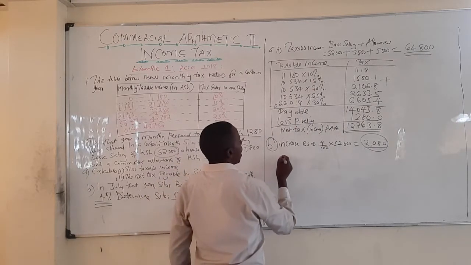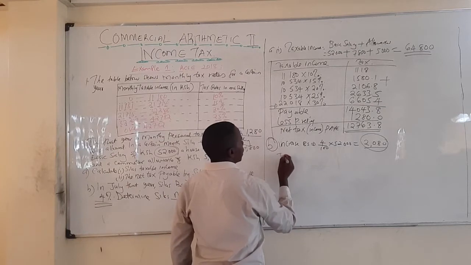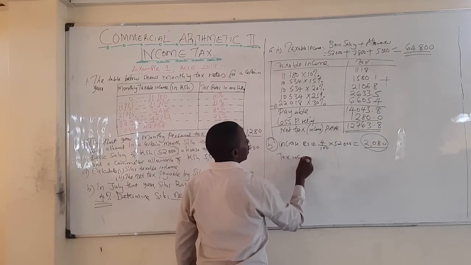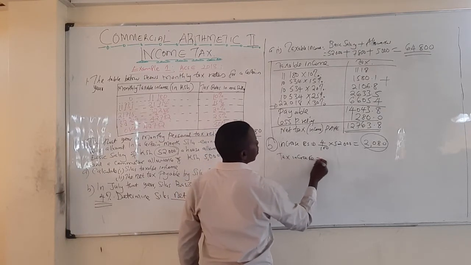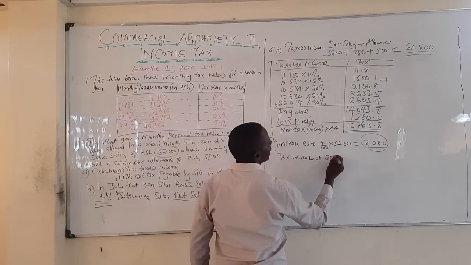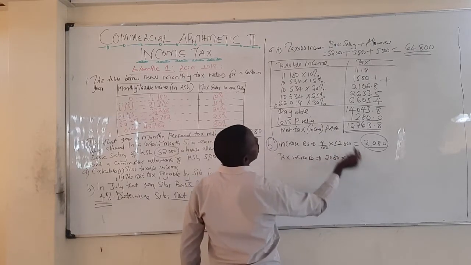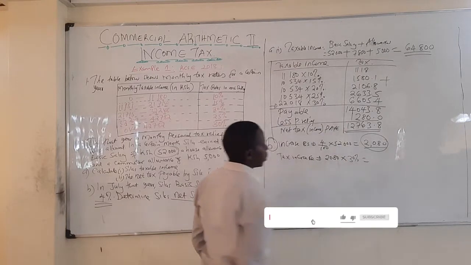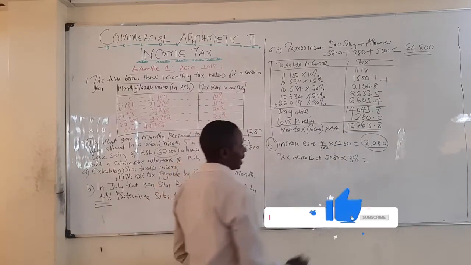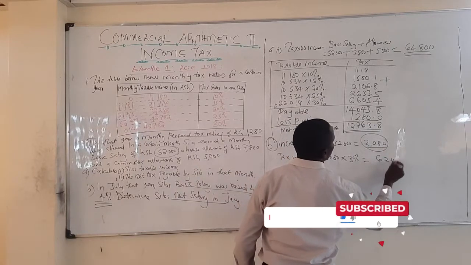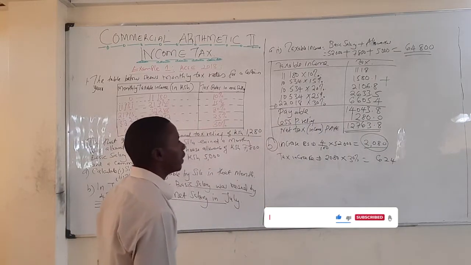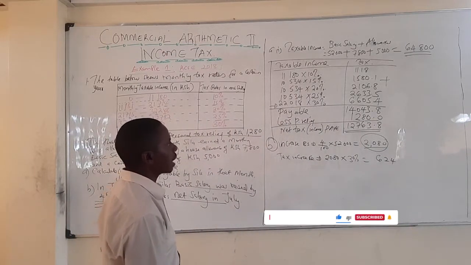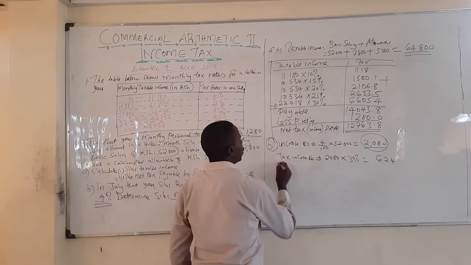So 2,080 times 30% gives us 624 shillings.